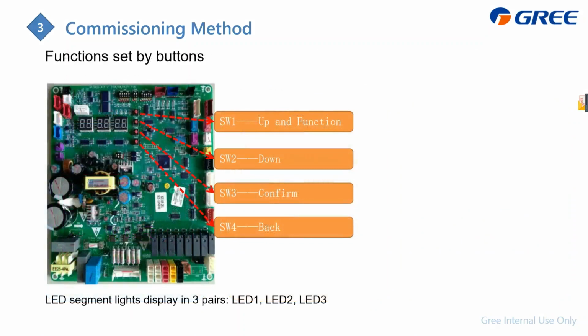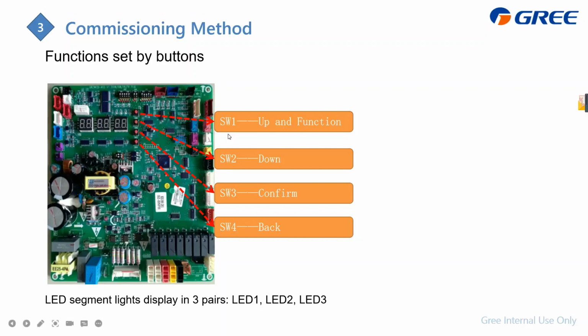Okay, then we do the commissioning through this mainboard. No need for other tools, only this mainboard. On the mainboard of the GMV 6, there are these four buttons. By pressing the buttons, we do the commissioning.